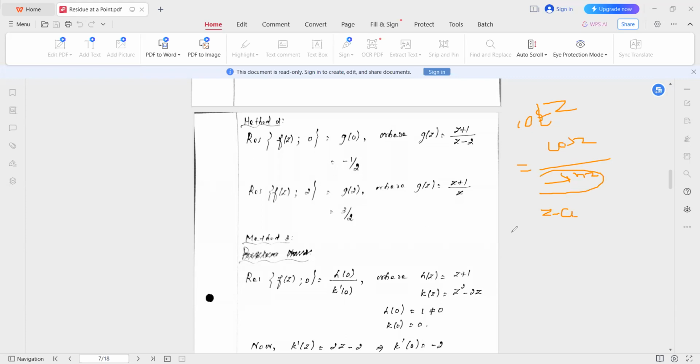In that particular case, you have to go with formula 3. If you can apply formula 2 for the particular function, you can go with formula 2. Otherwise, if you can't apply formula 2, you go with formula 3. So you choose wisely according to the given problem.